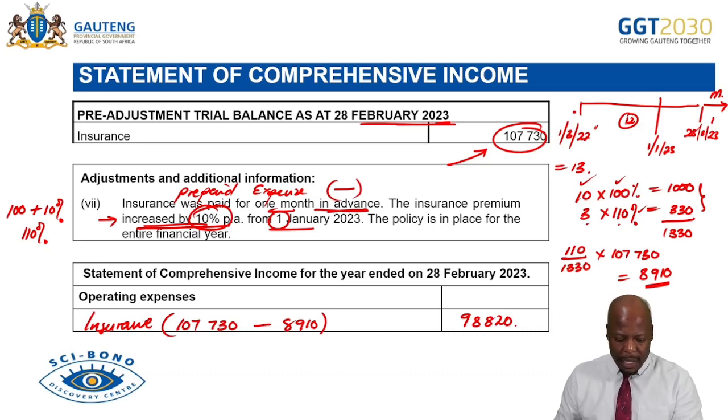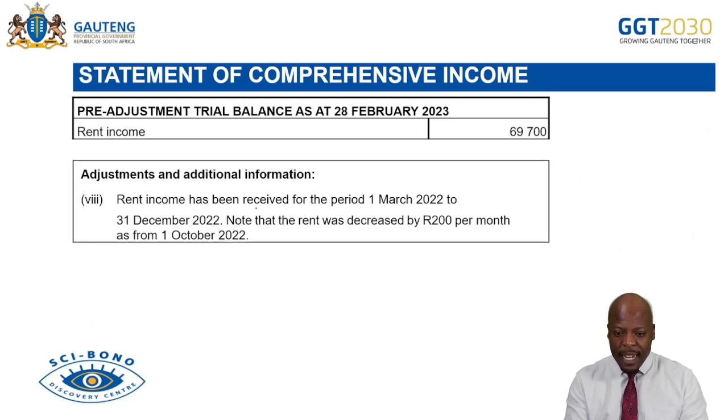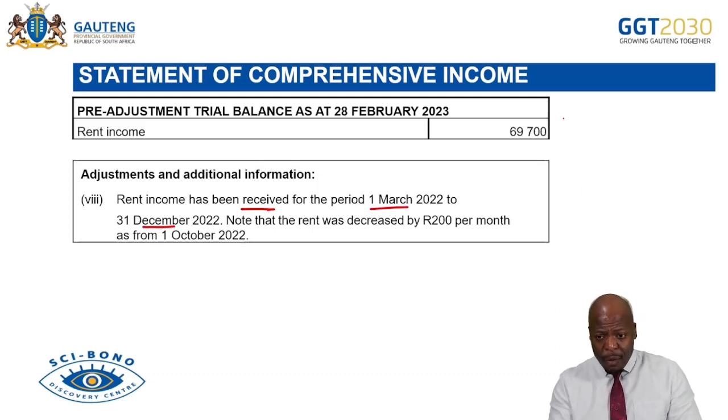The next aspect then is, here's the next adjustment, rent income. It says, rent income has been received for the period 1 March to 31 December. We know that if it's from 1 March, it must go all the way to 28 February, that is the following year, 2023.